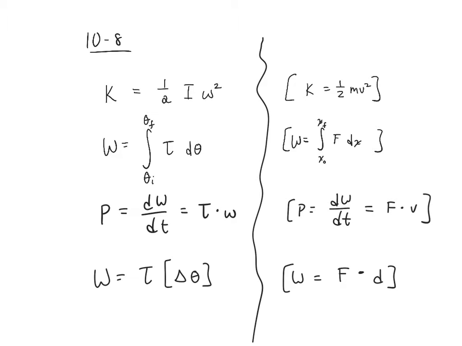We need to recognize what the final theta is. If it's spun around 10 times, that's 3,600 degrees, and we have to take that full 3,600 and subtract from it wherever it started. So when you think about distance and displacement with linear motion, it's very similar in this case. For this delta theta, we really need to know what the final position is, and we don't want its coterminal angle.